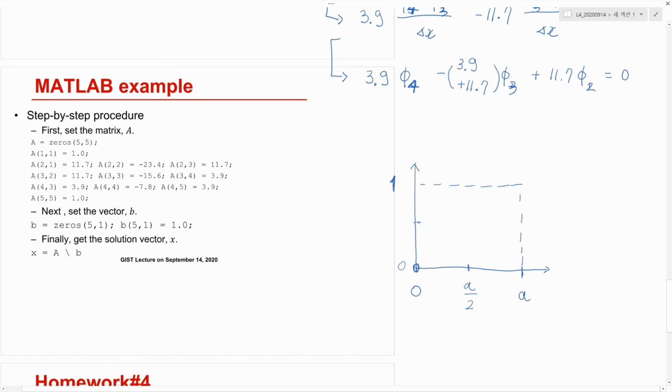So this is a half and this is a quarter. So now we have the value here. It simply becomes a straight line and a straight line.